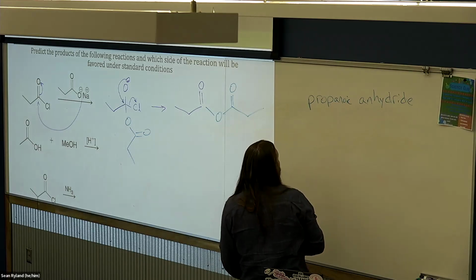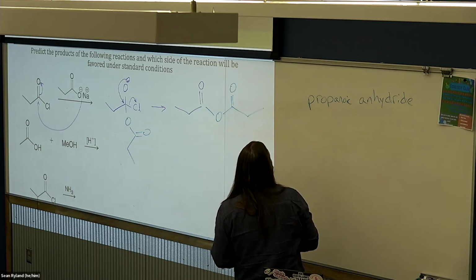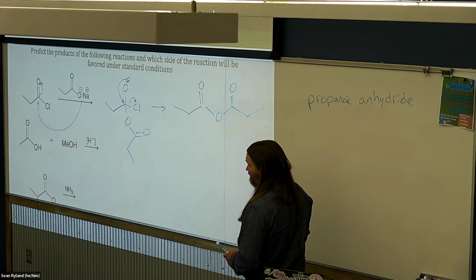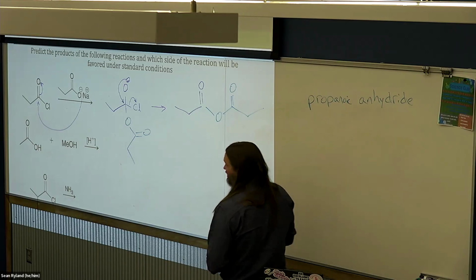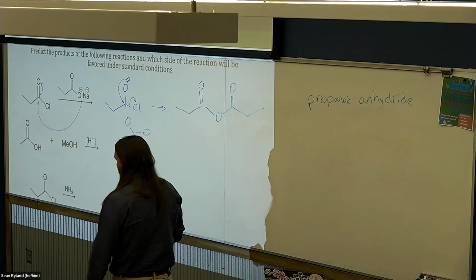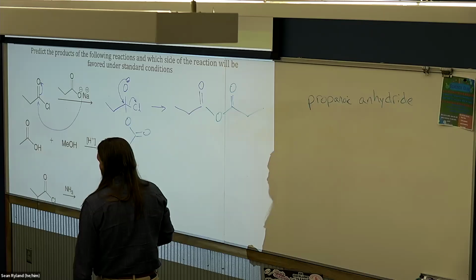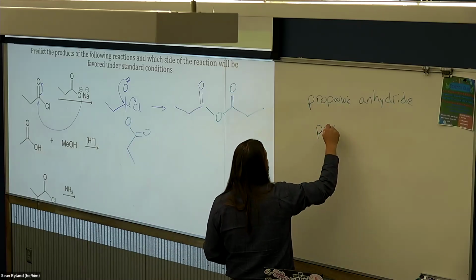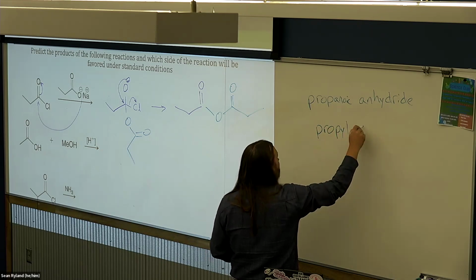And we don't say di. No, if it's symmetrical, you just say that, because you're assuming it's symmetrical unless you're told otherwise. And sometimes you will just see it written as propyl instead of propanoic.